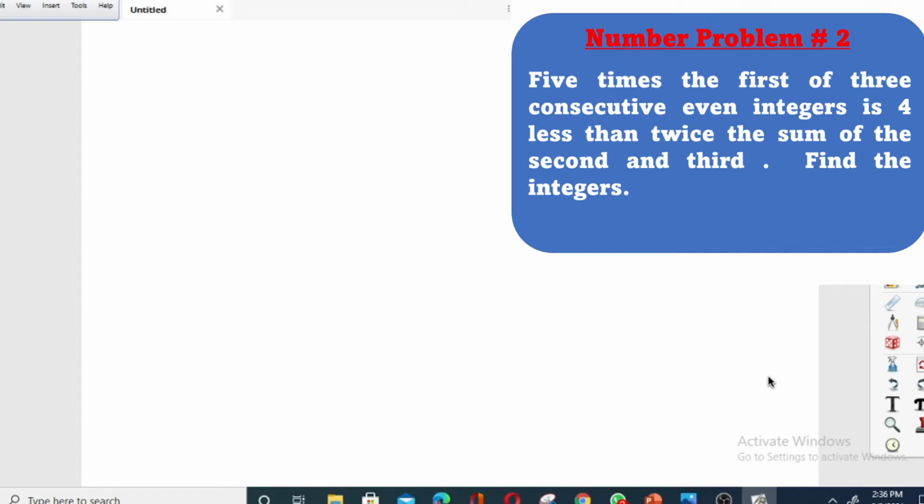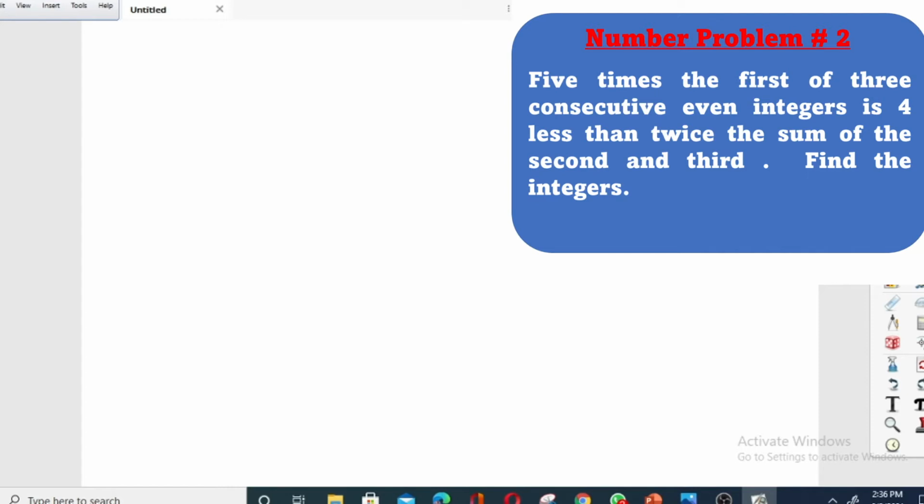The clue here is that we are asked to find 3 consecutive even integers. So just like in problem number 1, we should use a variable to represent the unknown.